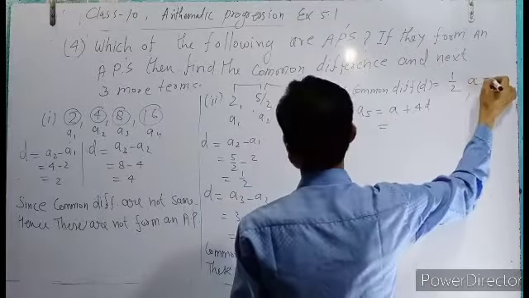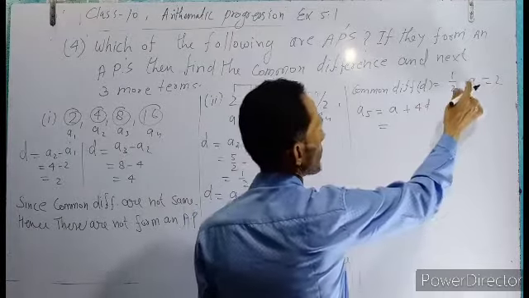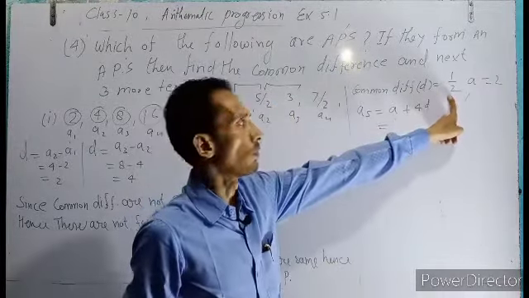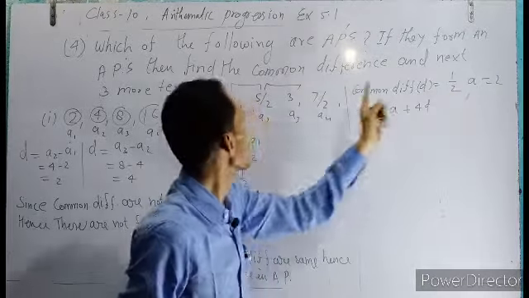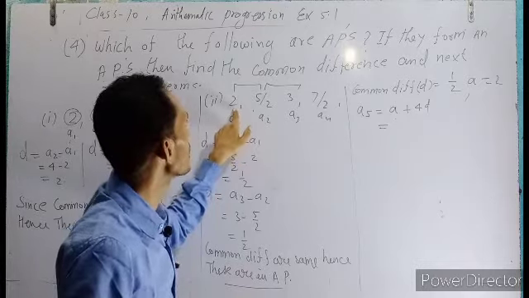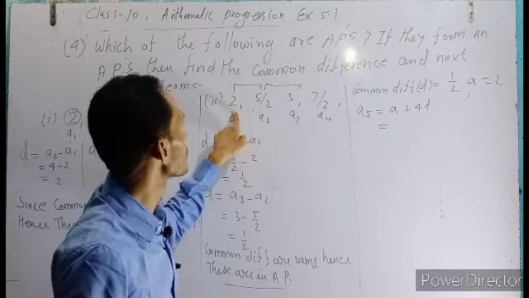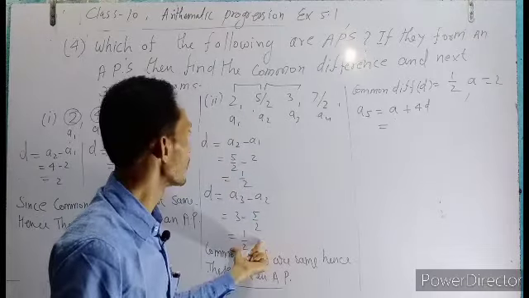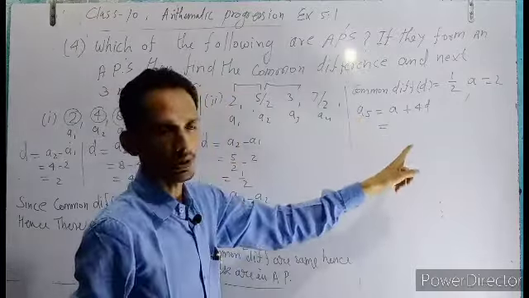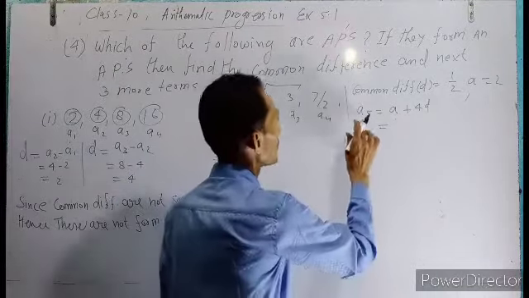A is given as 2, the common difference D equal to 1 by 2, and the first term A1 is also A, you can say. So A1 equal to 2, and D equal to 1 by 2, and then you have to find the next 3 terms after the 4th term: the 5th term, 6th term and 7th term.